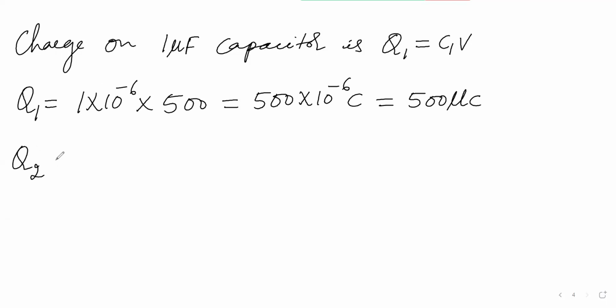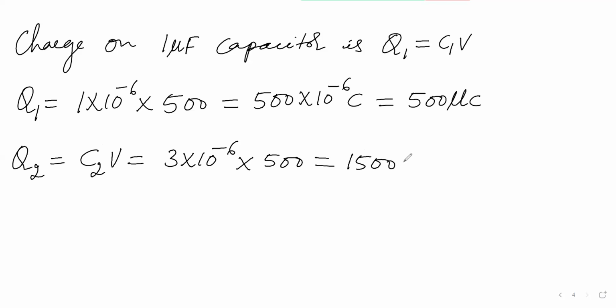Now the charge on the other capacitor, whose capacitance is 3 microfarad, is Q2 equals C2V, that is 3 into 10 to the power minus 6 into 500. 3 fives are 15, so 1500 into 10 to the power minus 6 coulomb, which is 1500 microcoulomb. This is the charge on the 3 microfarad capacitor.